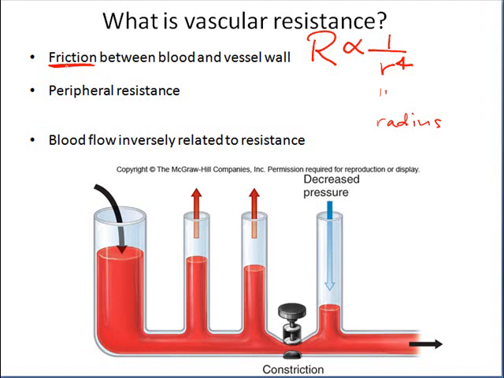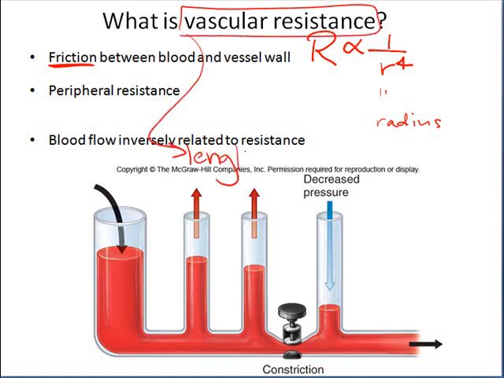Now, on another note, we can also impact vascular resistance based on the length of a blood vessel. And I'll go back to my snorkeling example again. Let's say your snorkeling tube is 25 centimeters long. It allows you to have your head just below the surface, and you can cruise around with your little flippers and look at the sponges and the fish.